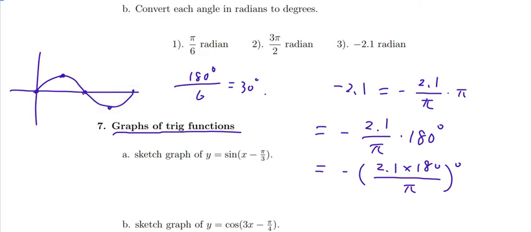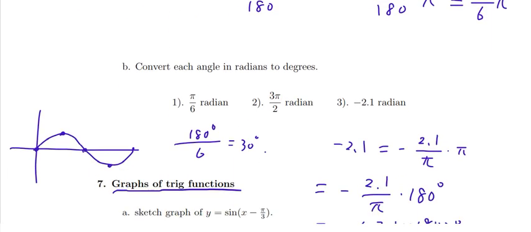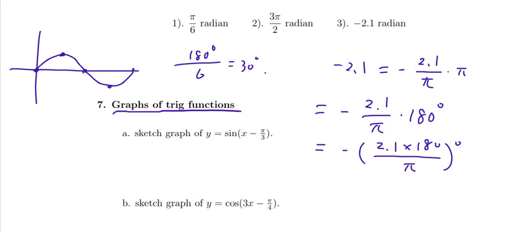The x is the angle, so the angle is 0, pi over 2, pi, 3 pi over 2 and 2 pi.